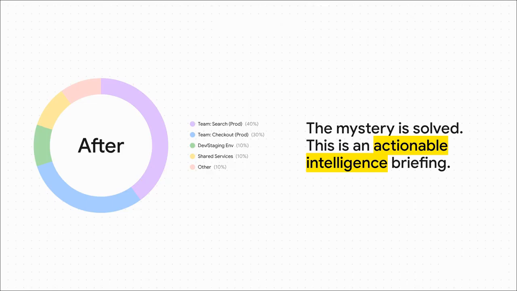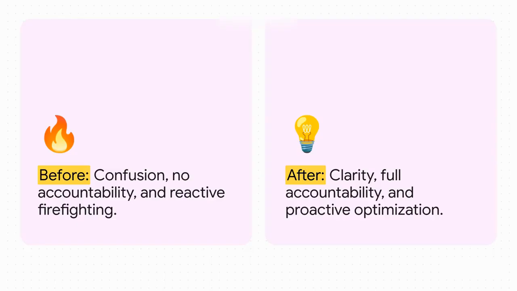This is no longer just a bill, it's an actionable intelligence report. This is the real transformation we're talking about. You shift your entire operational posture. You go from this constant state of reactive firefighting, scrambling after a bill comes in way higher than expected, to proactive optimization. Now you can have intelligent, data-driven conversations with team leads about their specific resource usage because you're armed with the actual numbers.